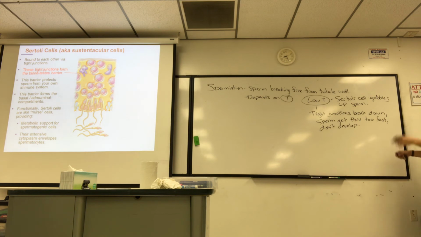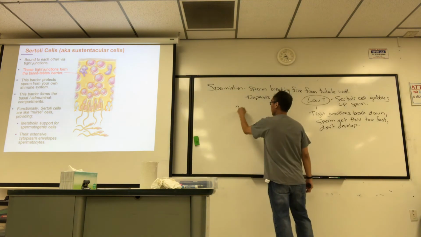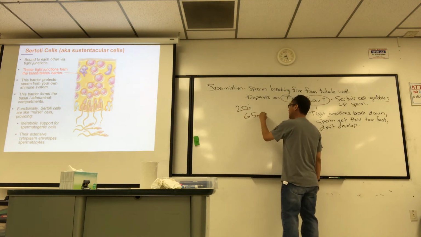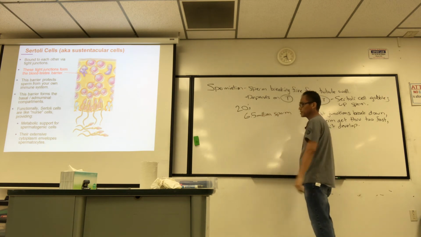Okay, so the name of the game is safety in numbers here. We want to make as many sperm as possible. A young man in his 20s makes something like 6.5 million sperm per gram of testicular tissue.